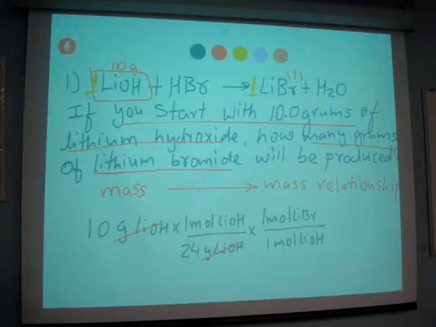When you do that, moles of LiOH cancel and you get moles of LiBr. Now remember, we need to convert moles of LiBr to grams of LiBr. So we multiply by the molar mass of LiBr. 87 is the molar mass of LiBr.